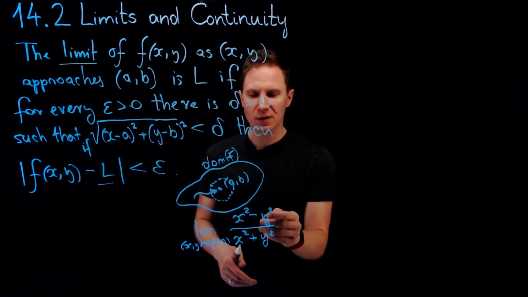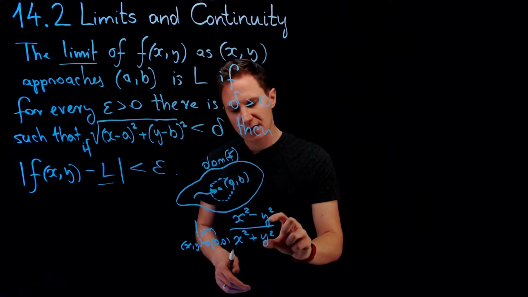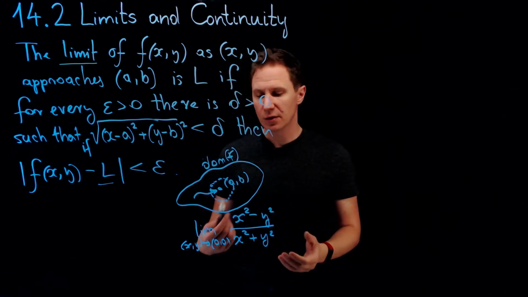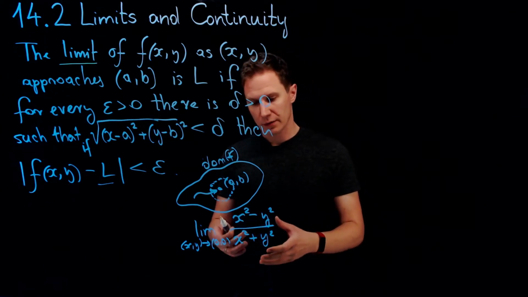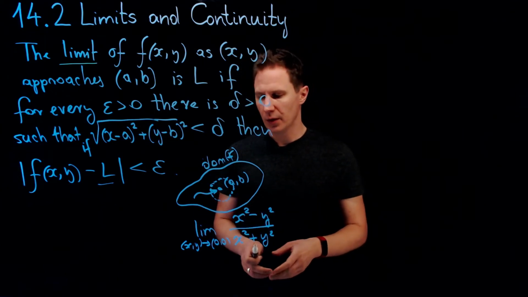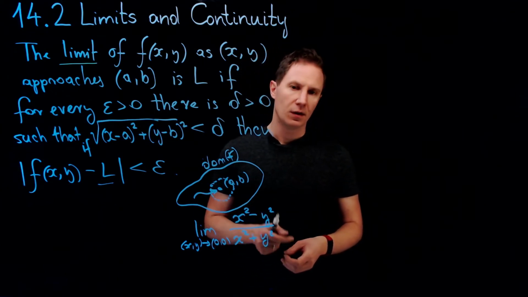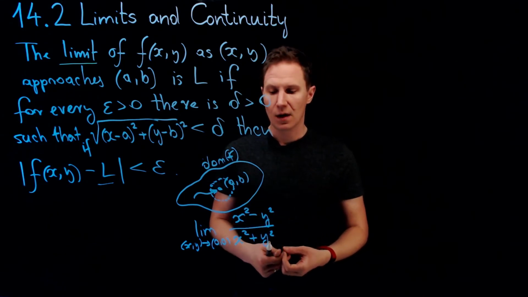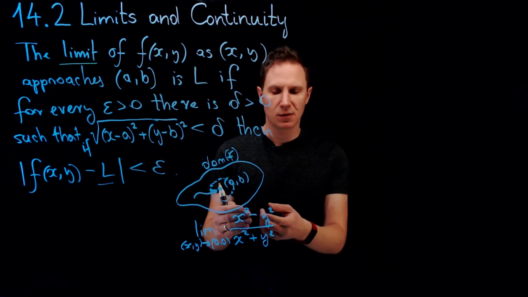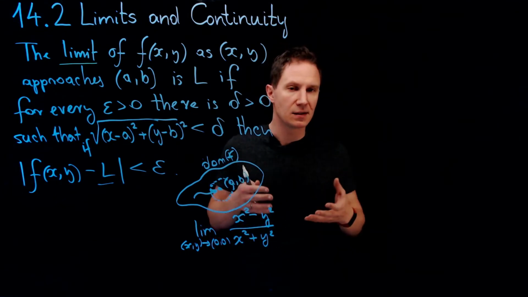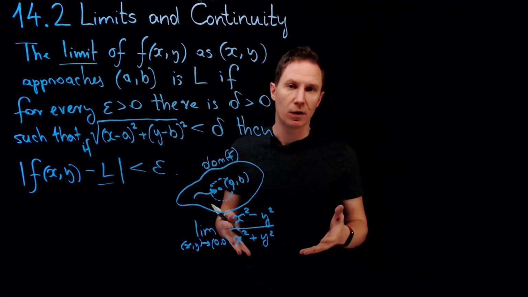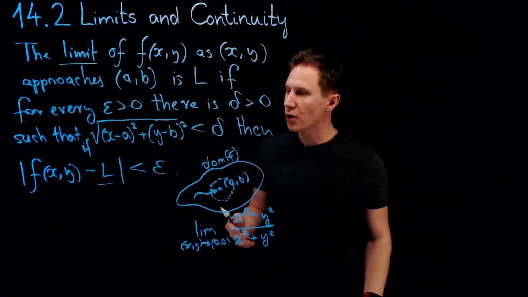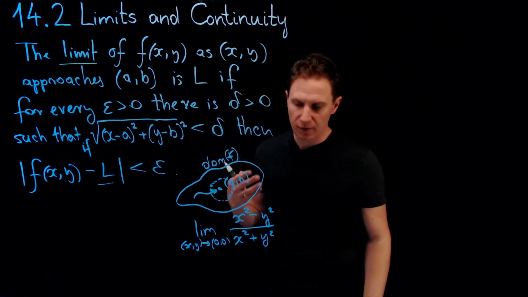Then the y terms are 0, so you only have x squared over x squared, which gives 1. If your x value is 0, so you are along the y-axis, then you get minus y squared over y squared, which gives you minus 1. So depending on how you approach the origin, you get different values for the function.